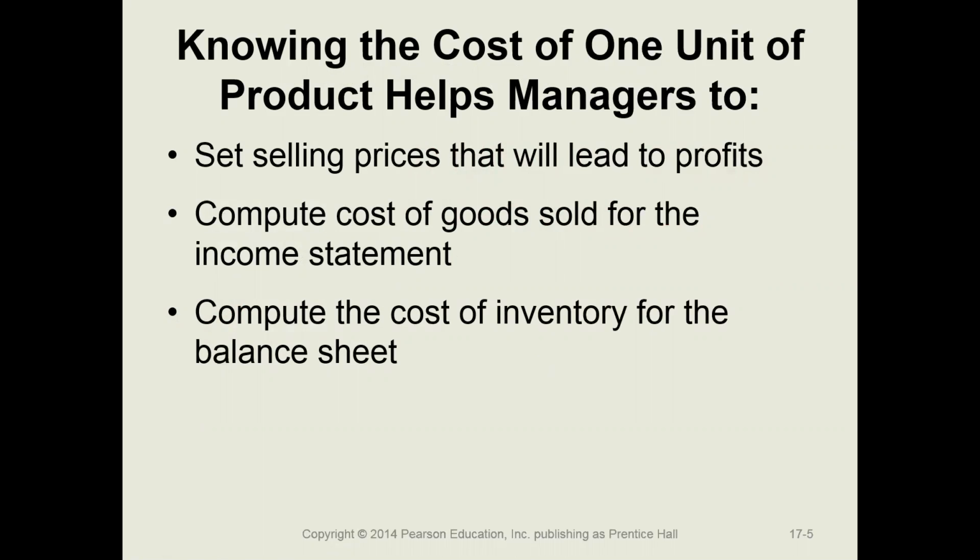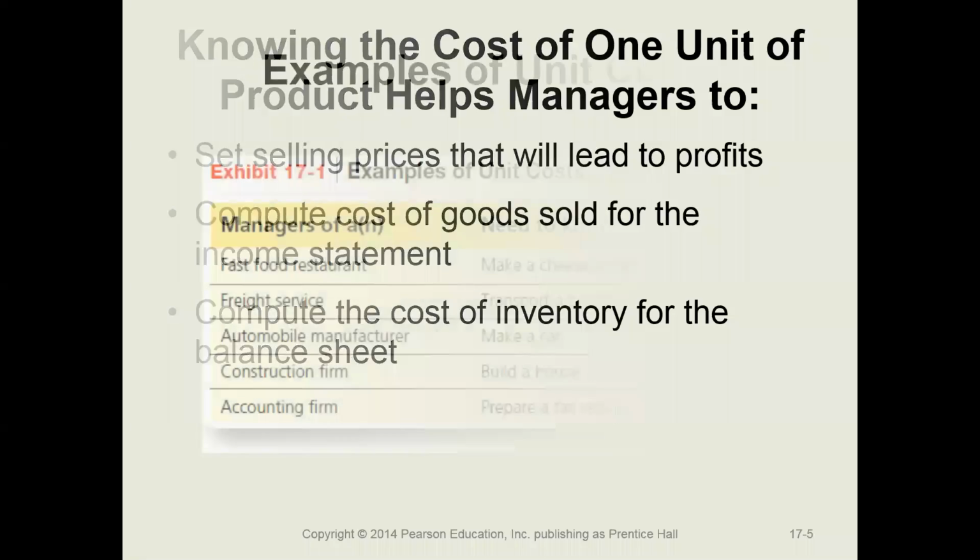We obviously want to sell a product for more than it costs to make. So again, figuring out the cost of one unit helps us to set prices. Also, we're going to need that information to compute the cost of goods sold and the cost of inventory, specifically the cost of the ending inventory on the balance sheet. And we'll see how we do that later on.